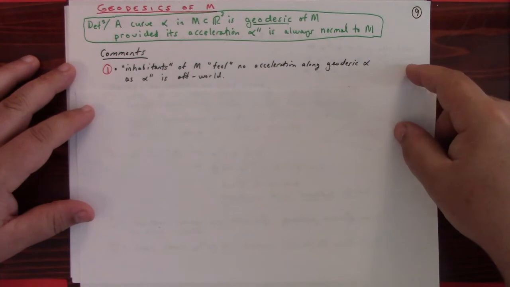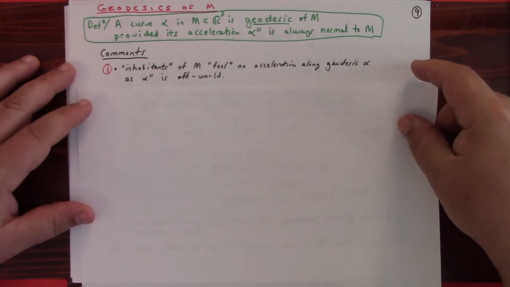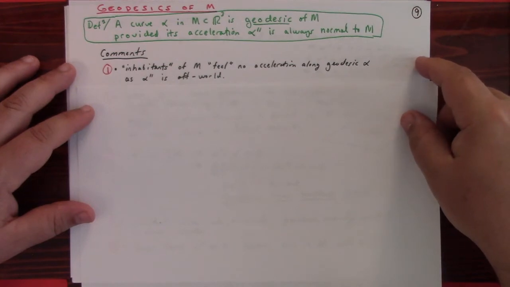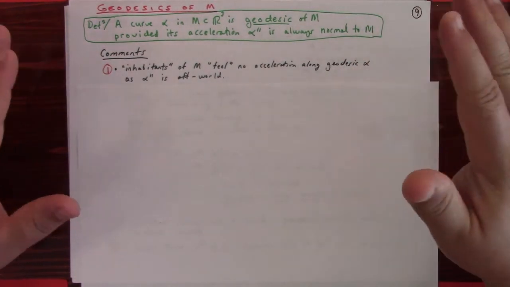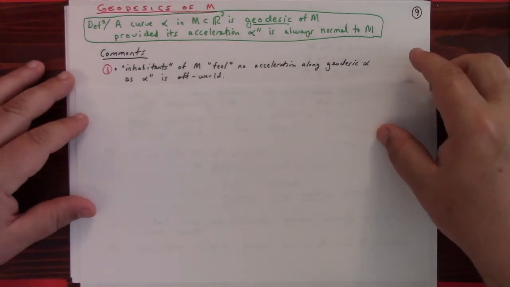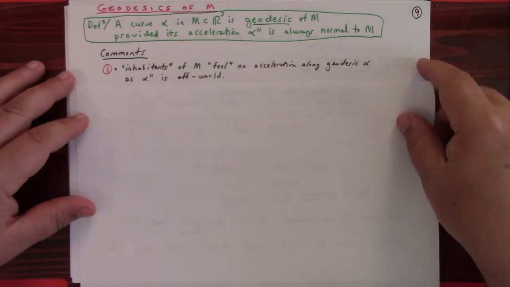All right, so what does that mean? That means that inhabitants of M, quote unquote inhabitants, feel no acceleration along the geodesic alpha because the acceleration is off-world, right? So you think about M being the world in which the M inhabitants live, the unit normal is off-world. And so the acceleration is in that direction.